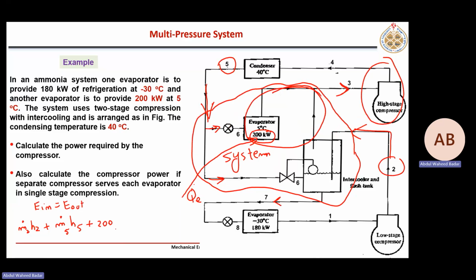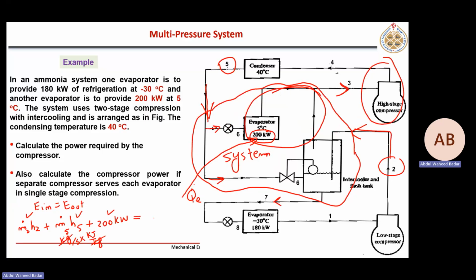That is the heat energy absorbed by this evaporator. This is kilowatt, so every other term should be kilowatt. So here M dot, if it is in kilograms per second, multiplied by enthalpy, what is the unit? Kilojoule per kilogram. So it is kilowatts. So that is kilowatt, kilowatt, kilowatt.